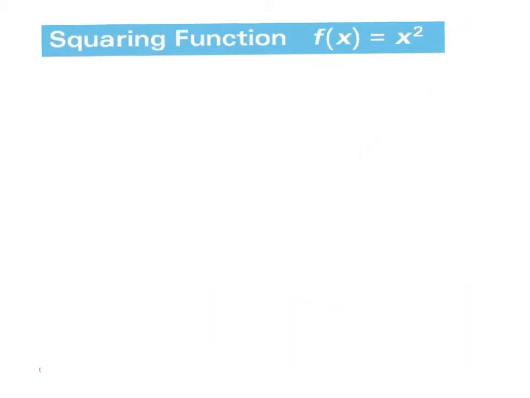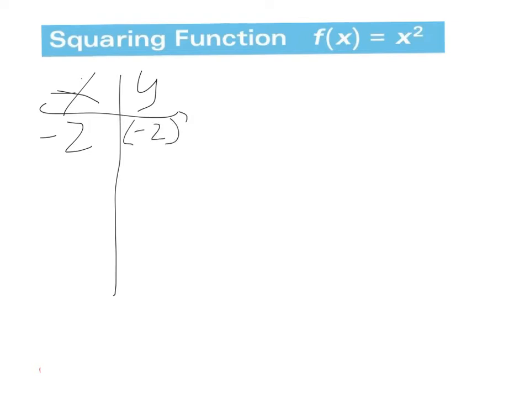And the next function we're going to go over is what your book refers to as the squaring function. It's just the parent quadratic function. Alright. And to figure out the particular values of y, for each time you plug in a value of x, if you were to plug in -2, that'd be negative 2 squared, which would be positive 4.